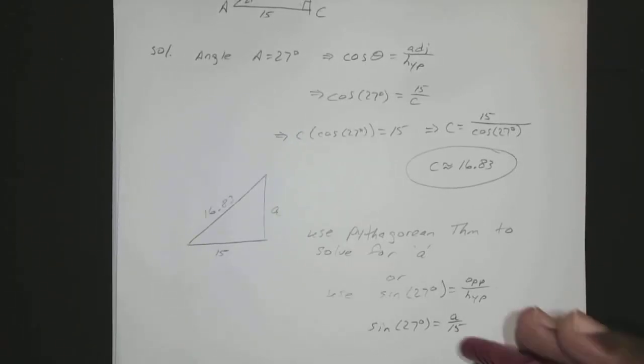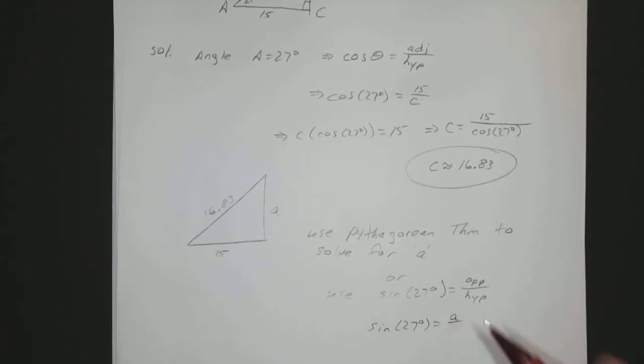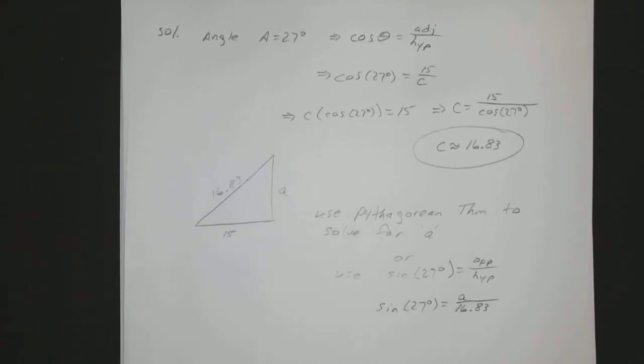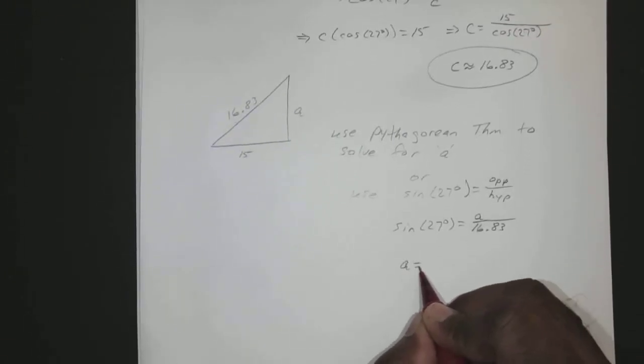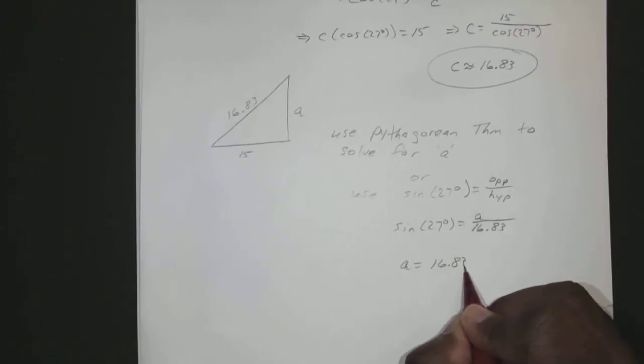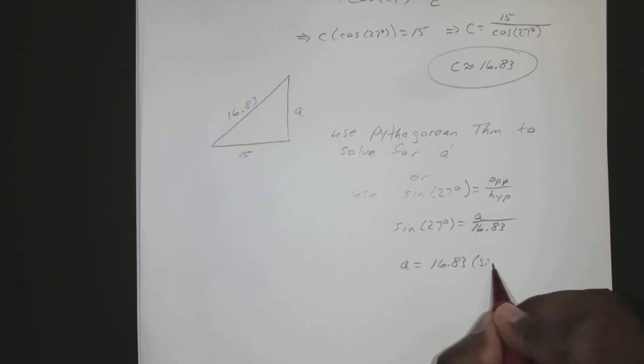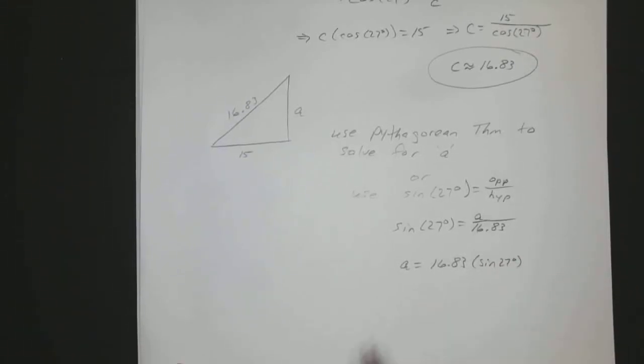So if we multiply, not A over 15, A over 16.83. Sorry about that. Okay. So that means our A is equal to 16.83 times sine of 27 degrees, which for some odd reason I didn't calculate.